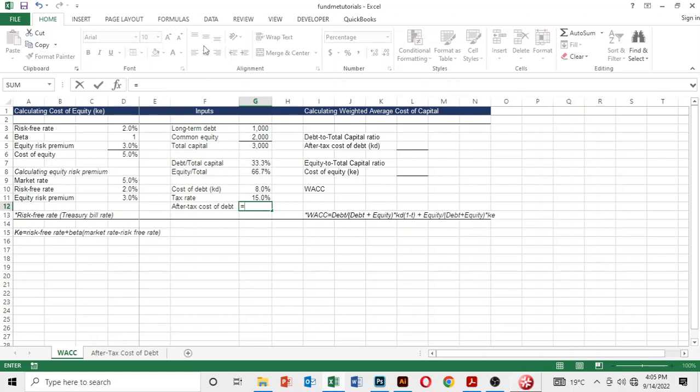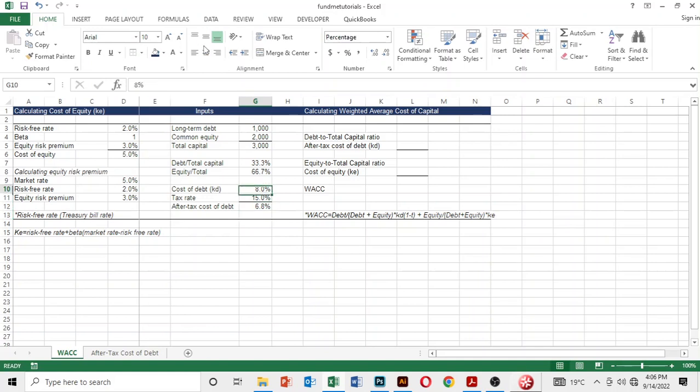So here what we are doing is we want to use an after-tax cost of debt. In other words, we want to use a cost of debt that showcases that we have already removed the tax benefit from it. So let's just say this times 1 minus tax rate, so we get 6.8%.